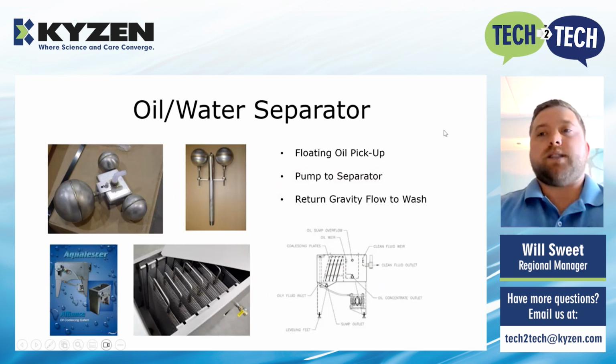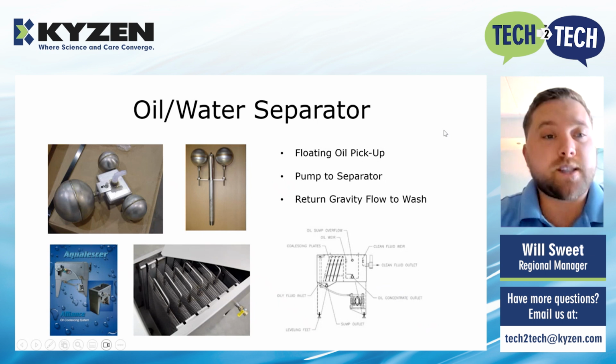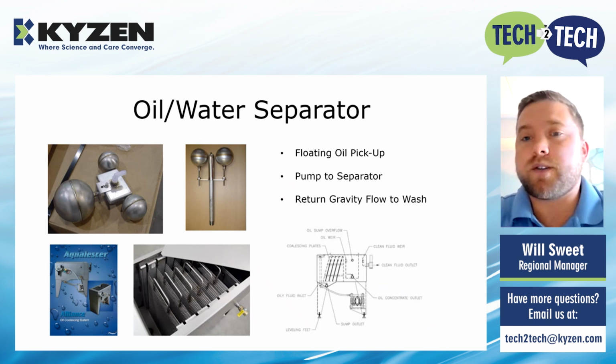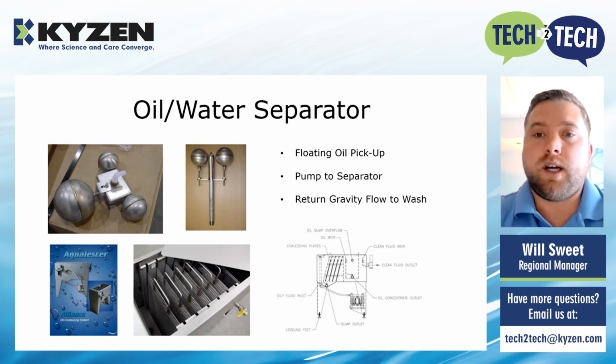There are many different kinds of oil separation systems. Coalescers are just a very well-known one, and you can see another drawing in the bottom right of this page for one of those. But there's also floating oil pickup. So it's going to float on top of the bath and then really pick up the oil on the top as it floats over the entire surface area of the bath.